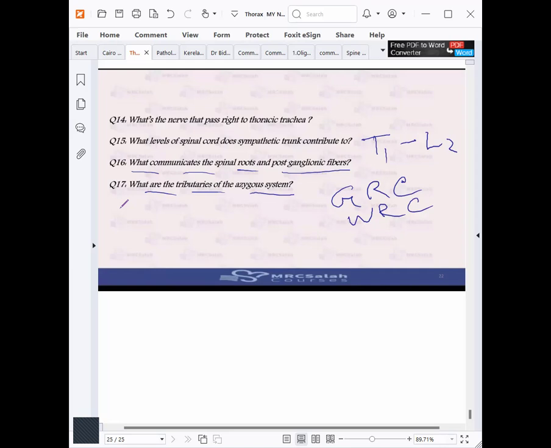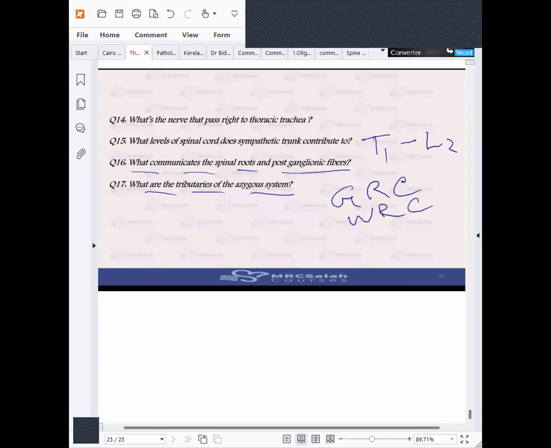So it is pericardial vein, esophageal vein, mediastinal vein, bronchial vein, hemiazygos and accessory hemiazygos, then right superior intercostal vein and right lower posterior intercostal vein. Yes. Okay.